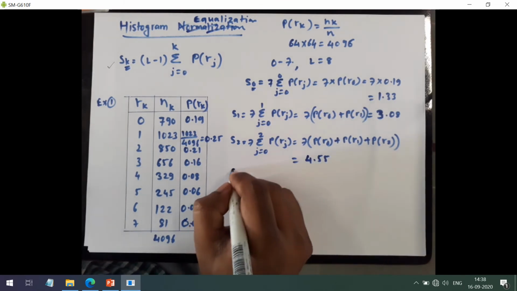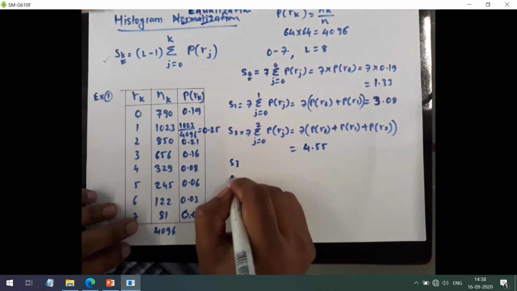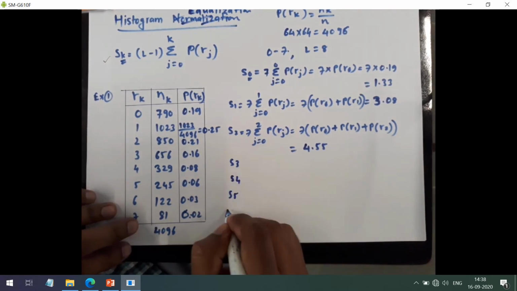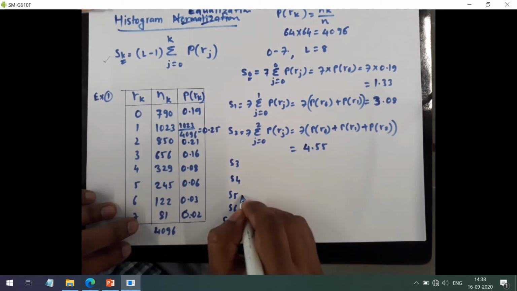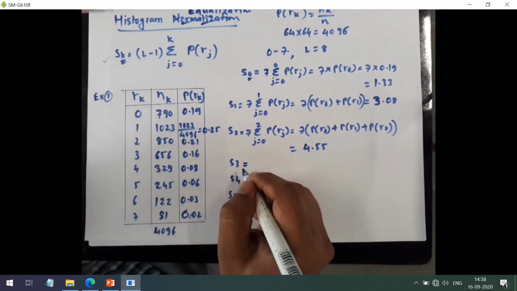Okay, similarly we will find the values of S3, S4, S5, S6 and S7. So I will write the values directly now.